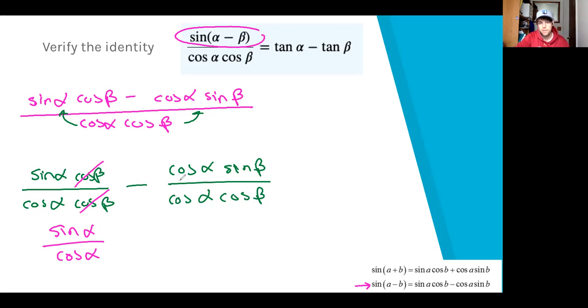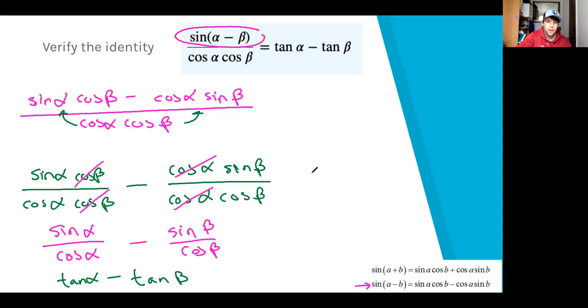Over here, we have cosine alpha, those can cancel. And we end up with sine beta over cosine beta. Again, same argument here, so we can use our quotient identities. So sine alpha over cosine alpha turns into tangent alpha, and sine beta over cosine beta turns into tangent beta. And that's what we were trying to get to.